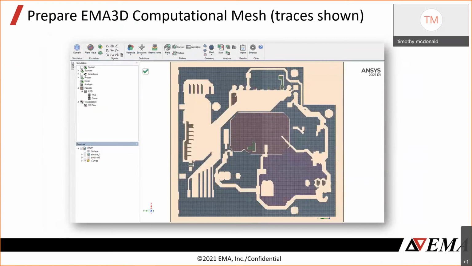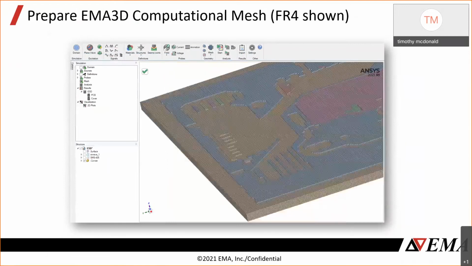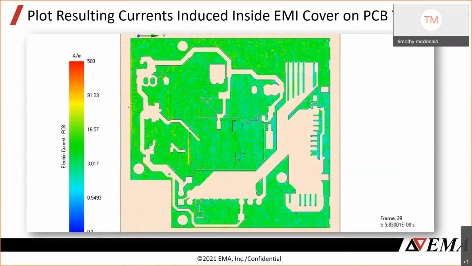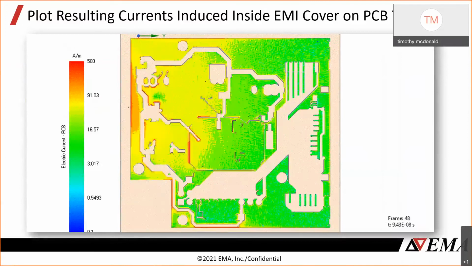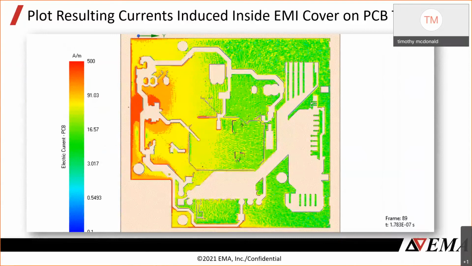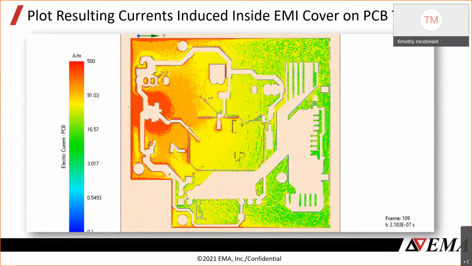So this is our 3D mesh. We've got the copper surfaces, but we've also captured the FR4 bodies in this mesh. And then we can plot the resulting fields from the ESD event. You can see, indeed, even though we have no direct coupling path, the fields will induce currents.